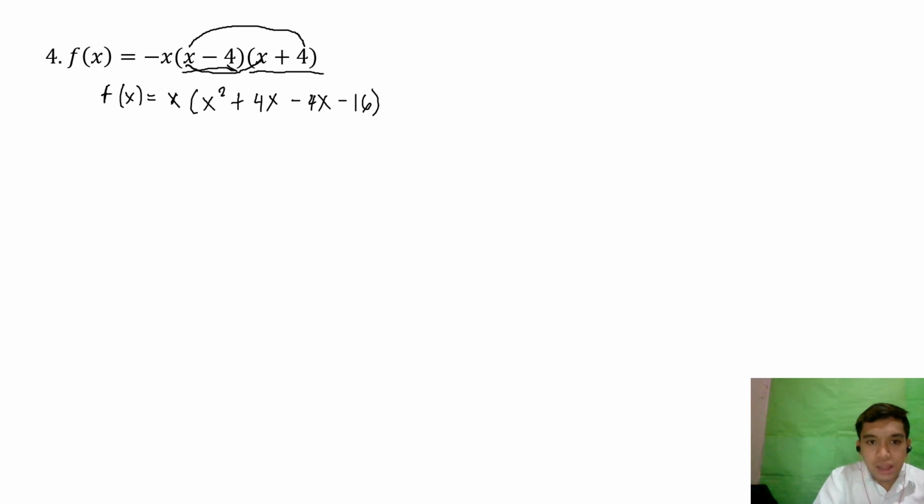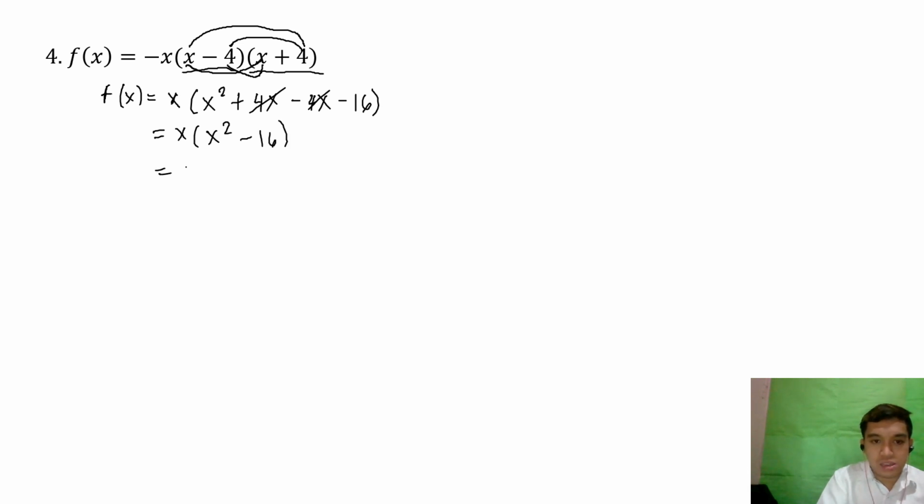Then, negative 4 times x is negative 4x. At negative 4 times 4 is negative 16. Okay, so simplify. That is x squared. 4x minus 4x is 0. So that is x squared minus 16.